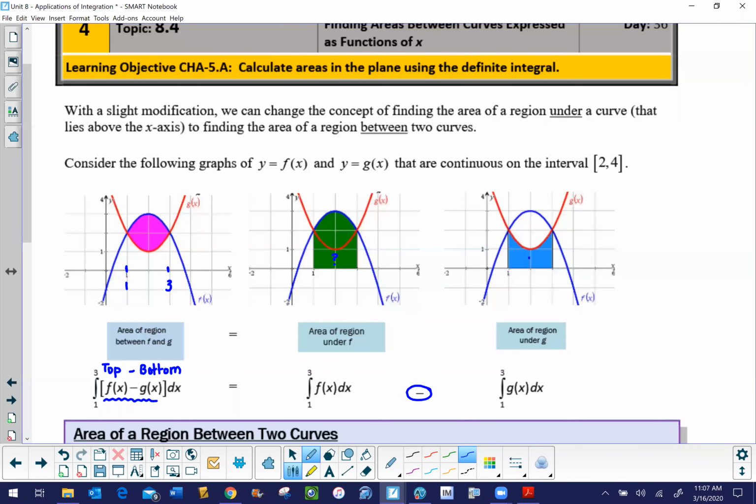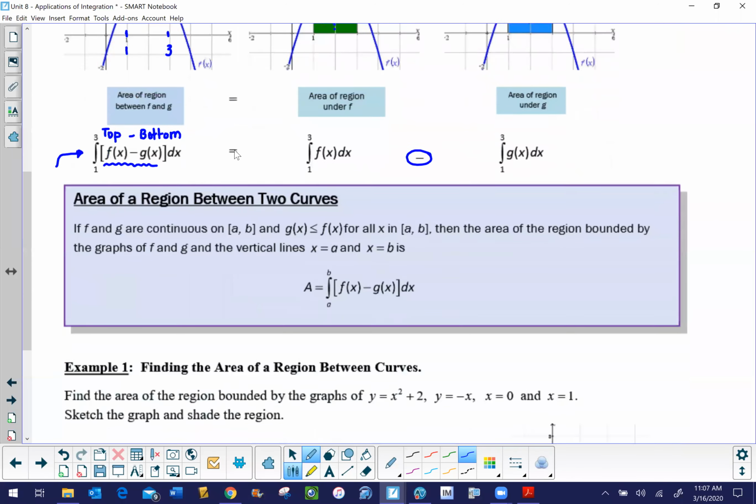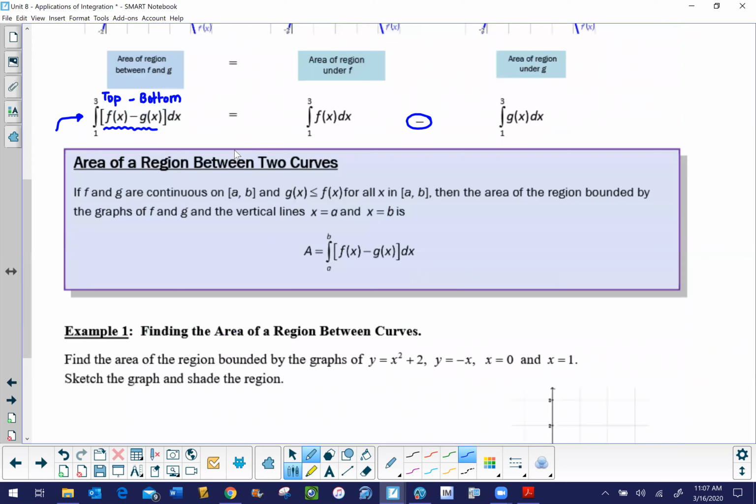It's just that we find it so much easier to consolidate the two functions within one integral and always separate them with a subtraction sign. Okay, so that's what's going on here. So if we go on to the box, box is just going to really reiterate what I just said.